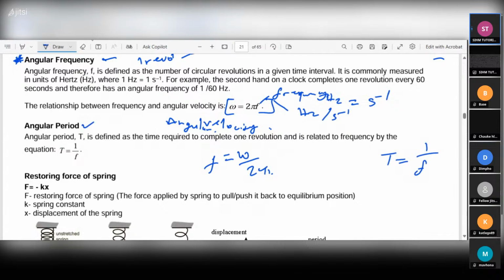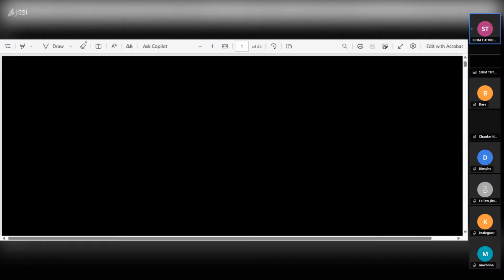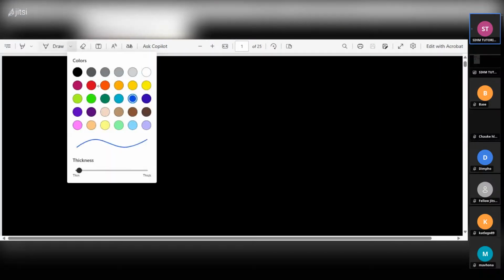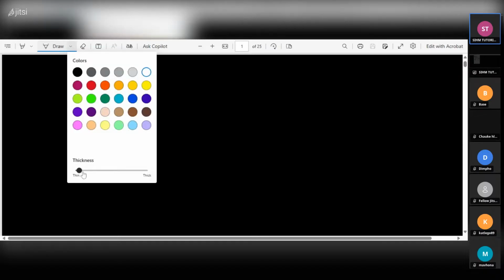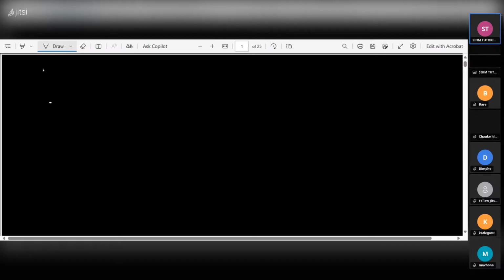Let me try to use this blank sheet. I think this will be better. I've been given the angular velocity, which is 2 pi times the frequency. So to find the frequency, we need the angular velocity divided by 2 pi.